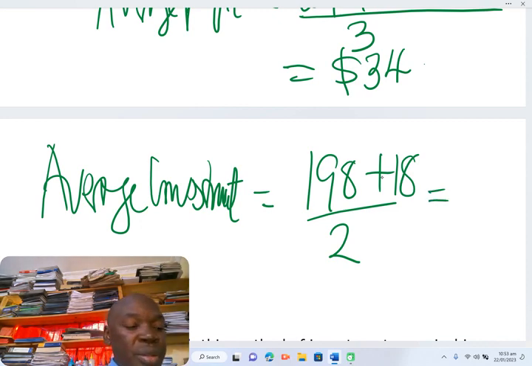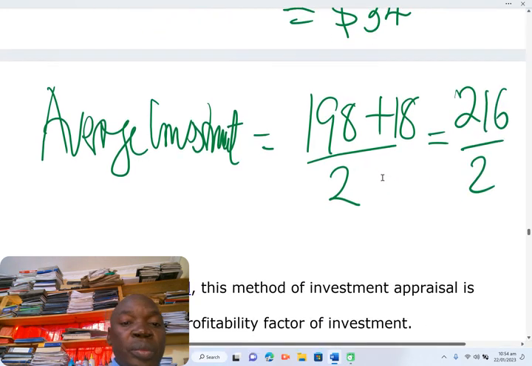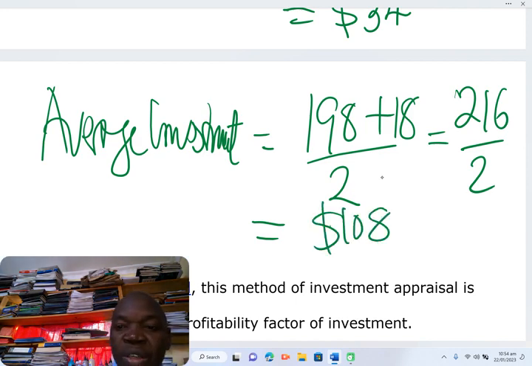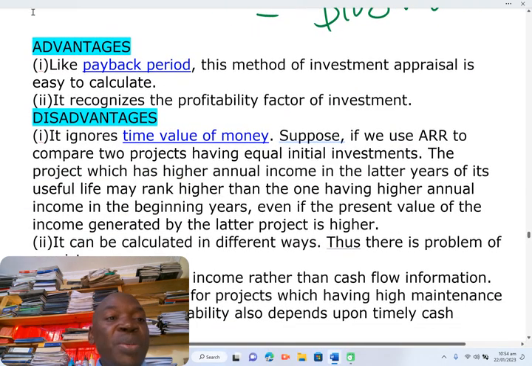So 198 plus 18, 216 divided by 2, 108 million. So we can compute the IRR for the project.